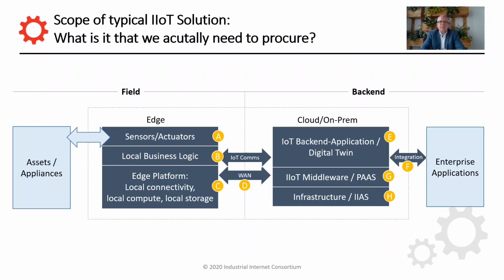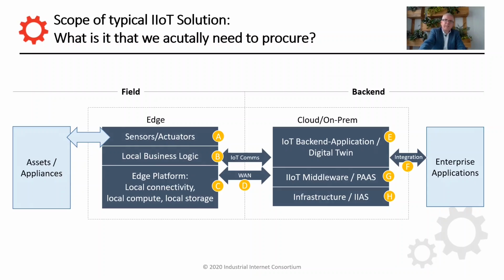All of this needs to run on a platform. So number G is your typical IoT middleware or platform as a service. And then number H is your infrastructure as a service if you're running in the cloud.